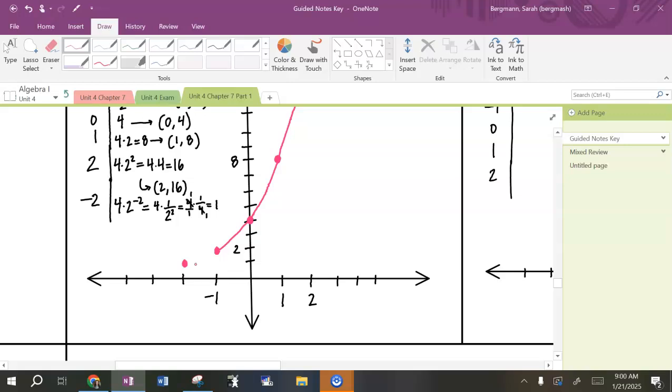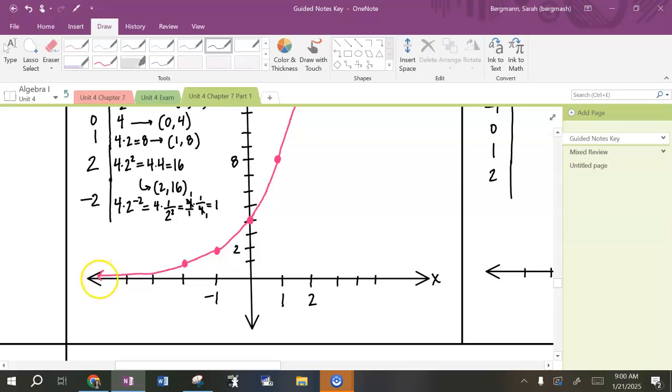No matter what number you plug in, you're never going to get 0 out of the function as the y value. No matter what you plug in for x, you're never going to get 0 for y. You're also never going to get a negative number for y. So what this means is that the graph is going to get closer and closer and closer to the x-axis, but it's never actually going to touch or cross the x-axis.